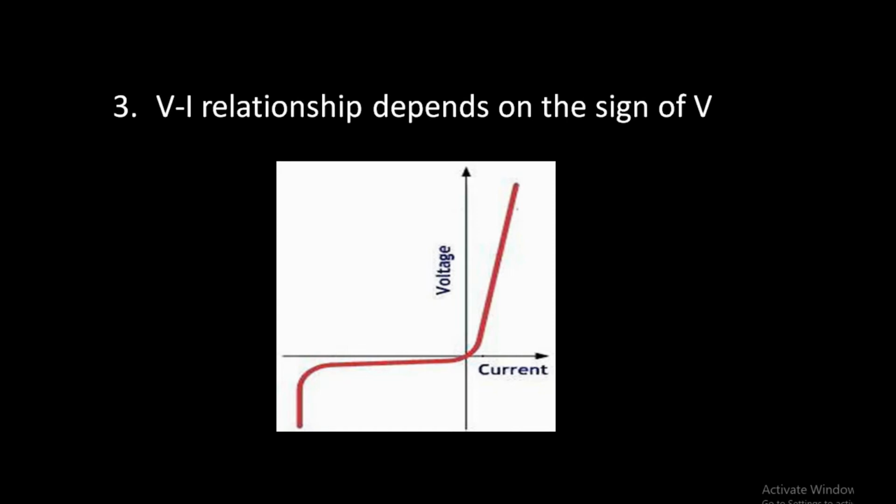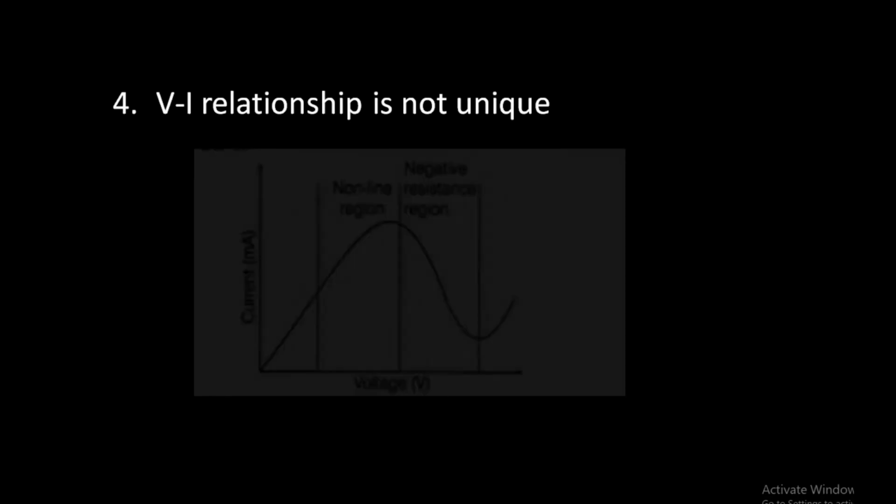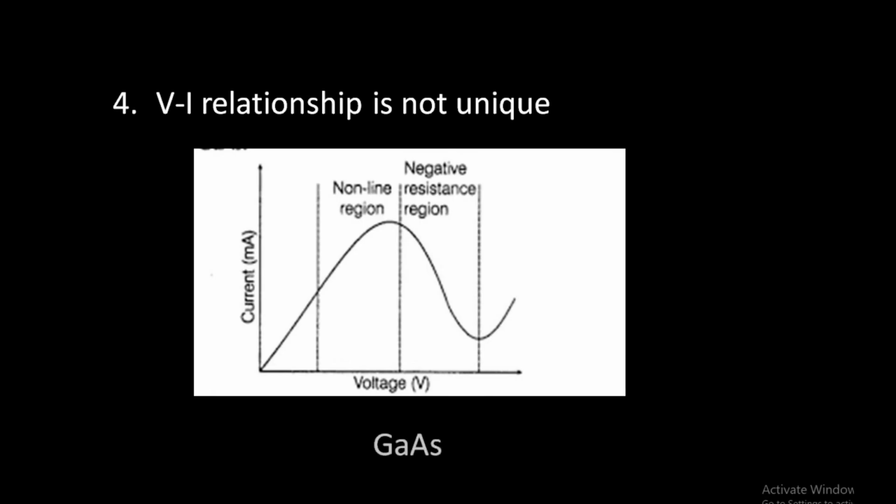Now let's see the fourth limitation of Ohm's law. The VI relationship is not unique. For gallium arsenide, initially it follows Ohm's law, and after a certain voltage the current decreases as the voltage is increasing, that is, delta V is positive and delta I is negative.